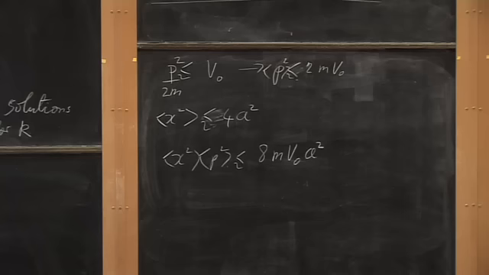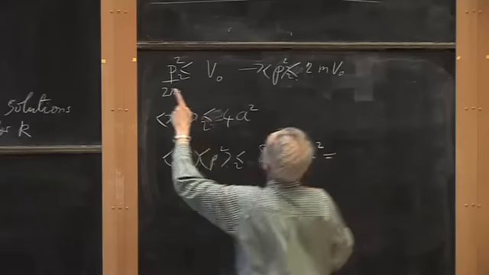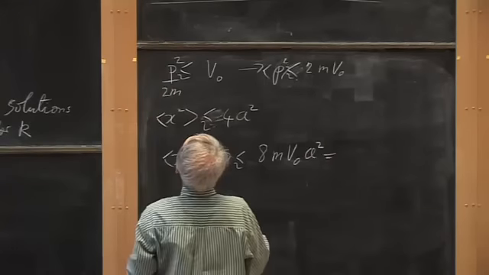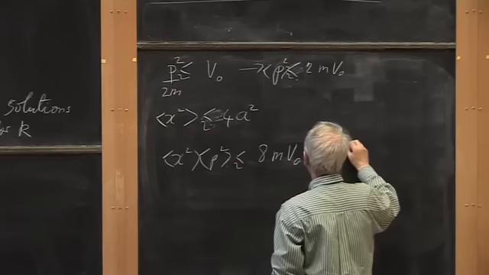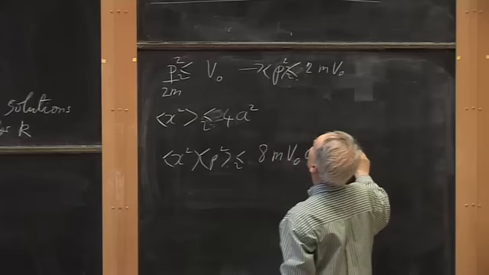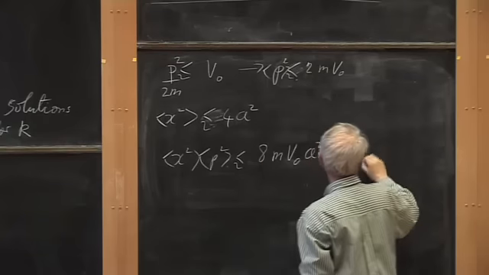But that is W, isn't it, somewhere? Yeah, look, this is basically W, because that was 2m V naught. So this V naught a squared, something like 4m V naught a squared, is h bar squared.